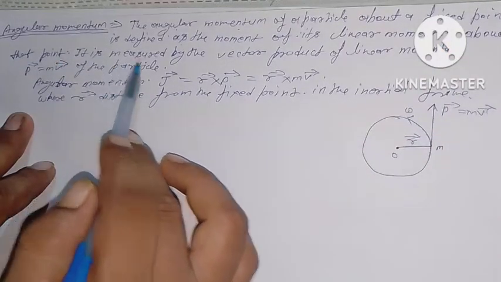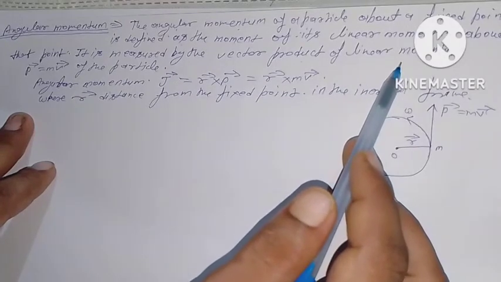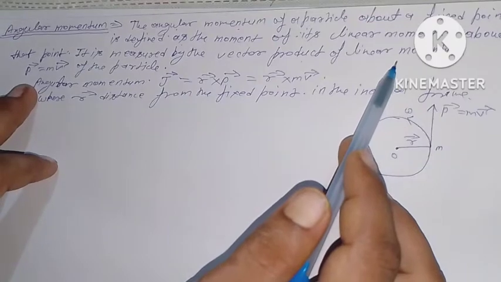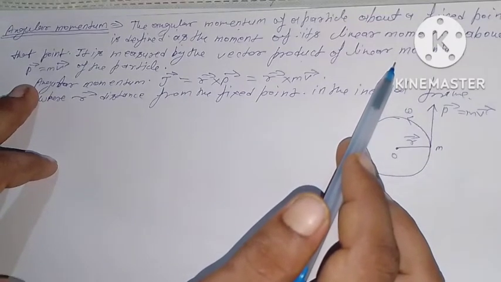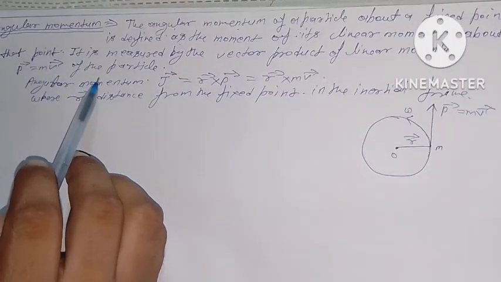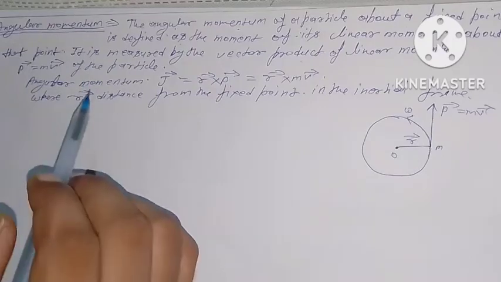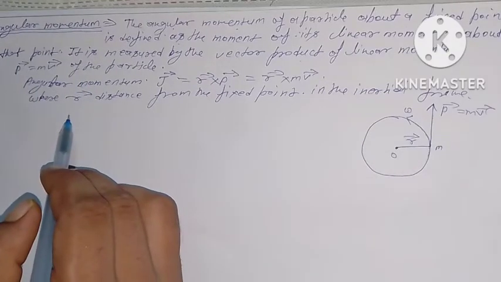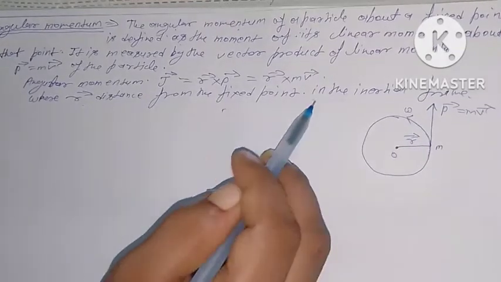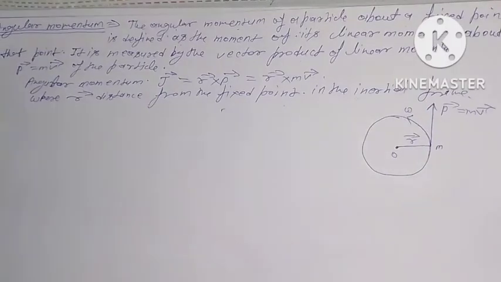It is measured by the vector product of linear momentum p equal to mv of the particle and its vector distance r, distance from the fixed point in the inertial frame.